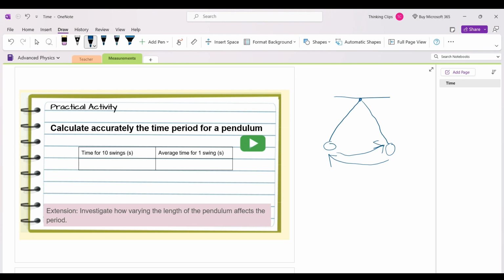So that is what we call one period of the swing or oscillation.